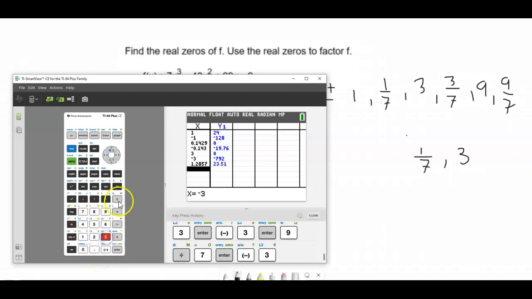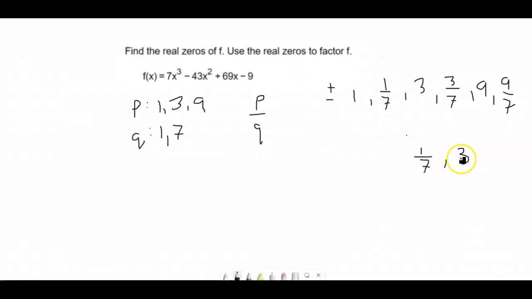Negative 3/7. 9. Negative 9. And 9/7. And negative 9 over 7. Okay, well, we got 2 rational real roots, so we can use those in order to solve this.